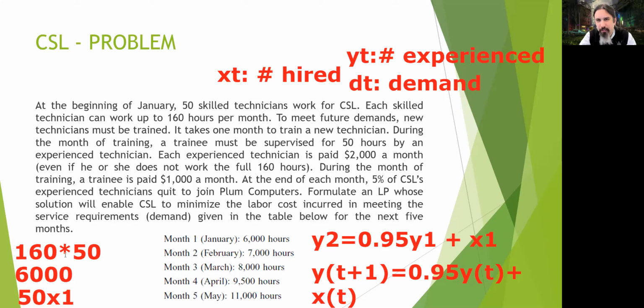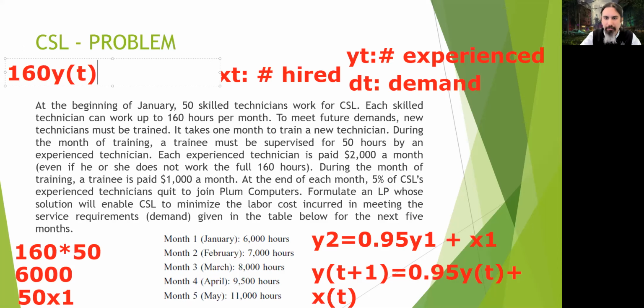But this is just for the first month. I have to generalize this one as well. So to generalize it, I have to find a better way of writing this. For any period, I have 160 hours per experienced technician, which is the Y value, YT.